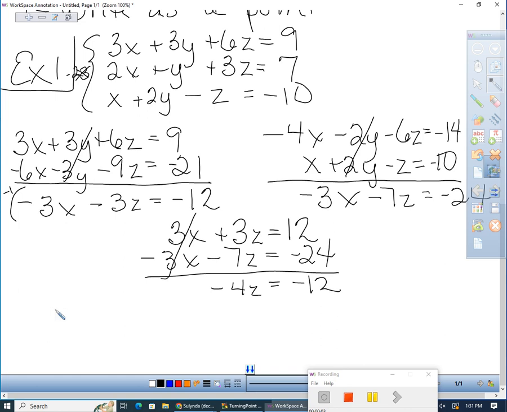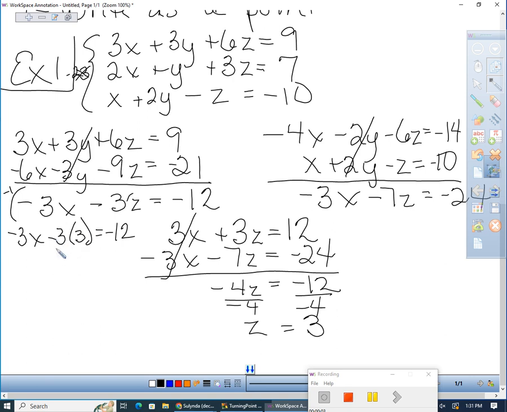Now solve the remaining. Divide both sides by negative 4. Z equals 3. Now we take our answer and plug it into the result from step 1. So I'm going to plug in 3 here for z. So I have negative 3x minus 3 times 3 equals negative 12.